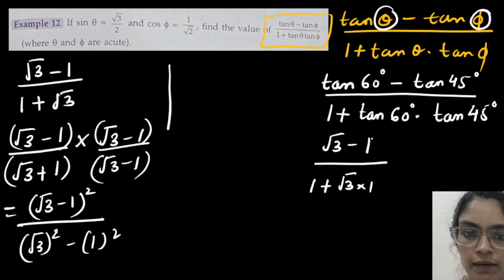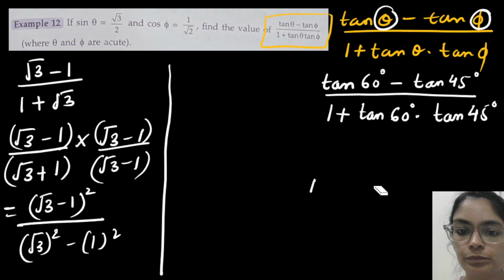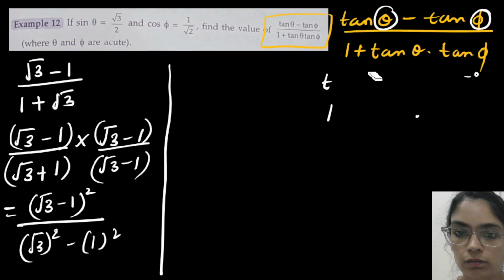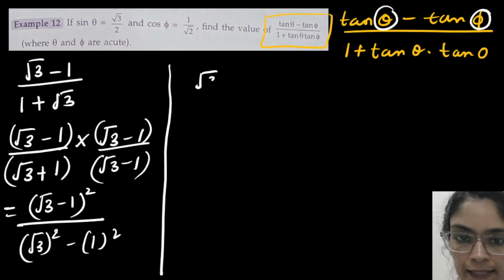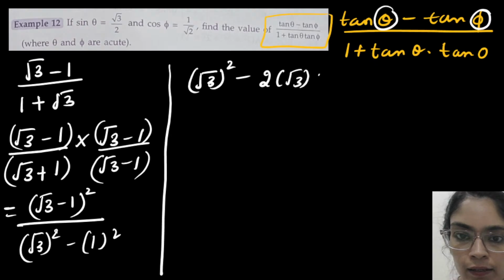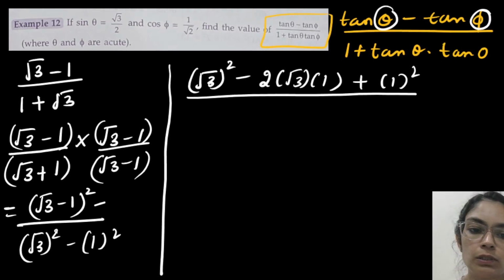We have done this earlier also. Now the identity of (a minus b) whole square will apply: a square minus 2 into a into b plus b square. I have applied the (a minus b) whole square identity.